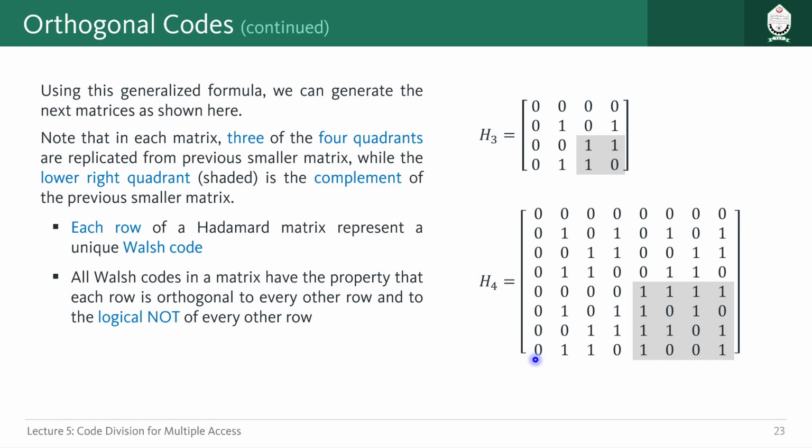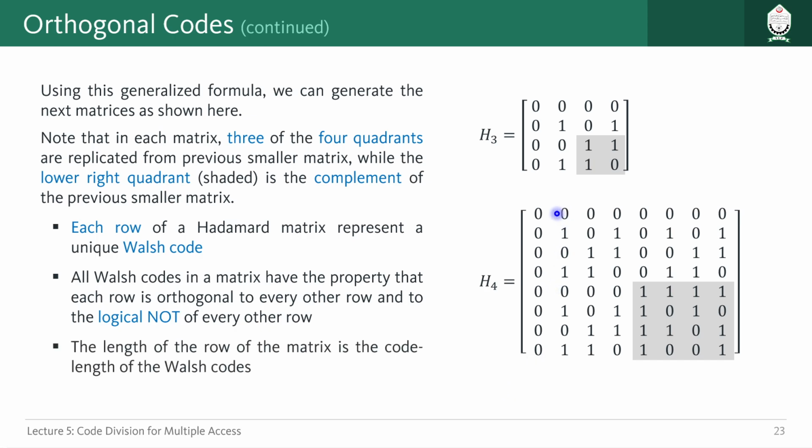So that is what we are getting from this particular type of matrix. And as I already told you, the length can be calculated by the number of bits in each row, right? For each of the Walsh codes, 1, 2, 3, 4, 5, 6, 7, 8. So here for this matrix, all of the Walsh codes have the length of 8 bits.